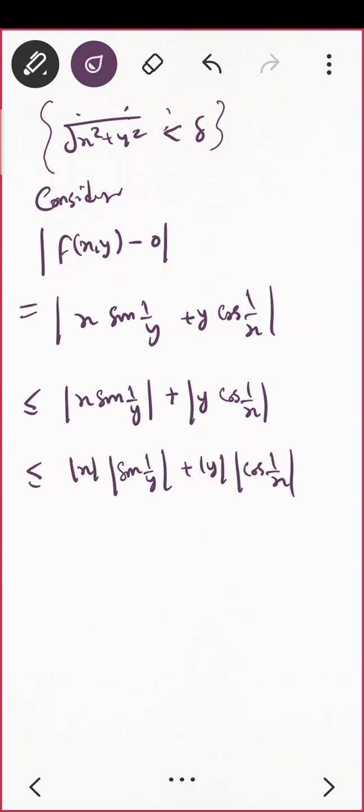Yes, Neha. What should I do next? Perfect, very nice. Because this is always less than or equal to 1, this is also less than or equal to 1. So this will be less than or equal to mod x plus mod y. Correct? Can you relate this with this? You have this square root of x square plus y square less than delta.